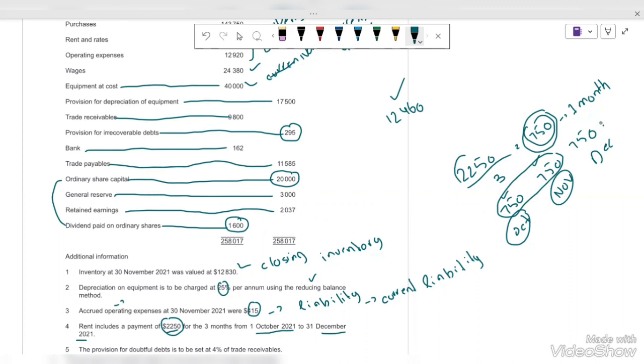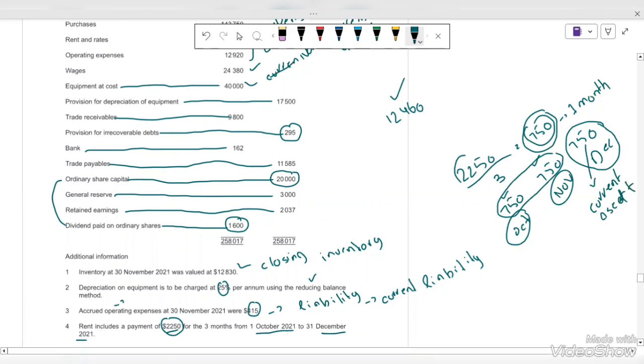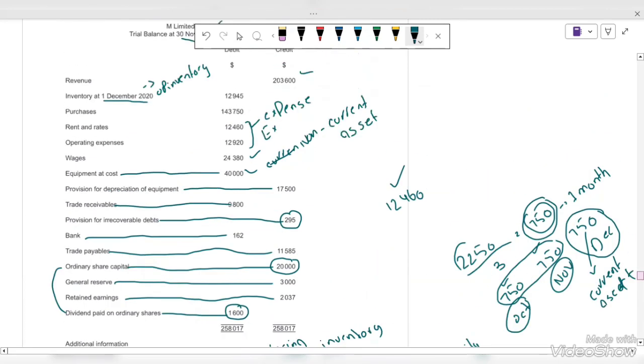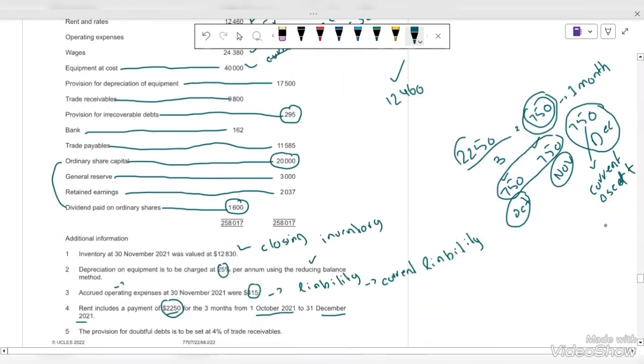Only 1 month's payment is remaining, so you can claim on this amount. It is your current asset because you have not used it right now. That is why 750 is your amount, which is your current asset.